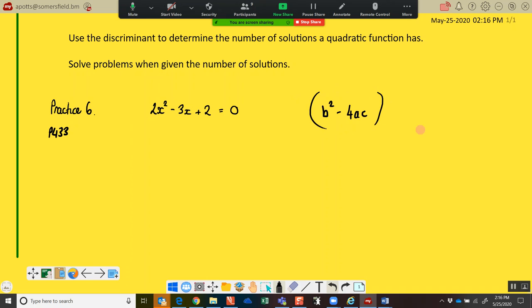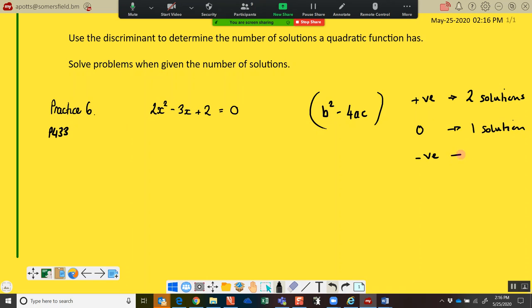And what did we say? That it has 3 options. It could be a positive number, it could be 0, or it could be a negative number. Okay. What did we say? If it's positive, what does that mean about the number of solutions? Yeah, so we've got 2 solutions here. If it's 0, 1 solution.